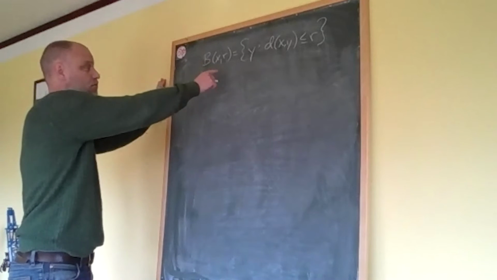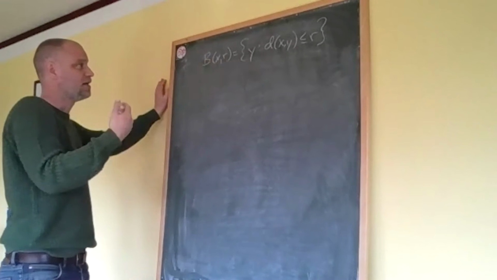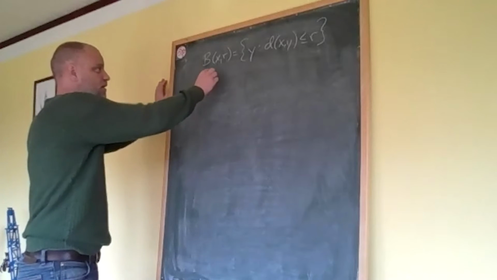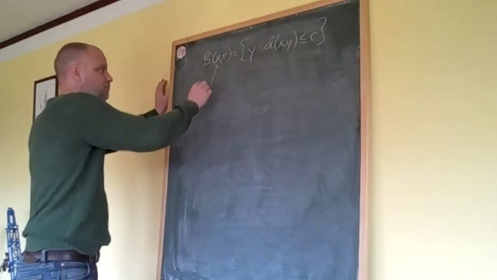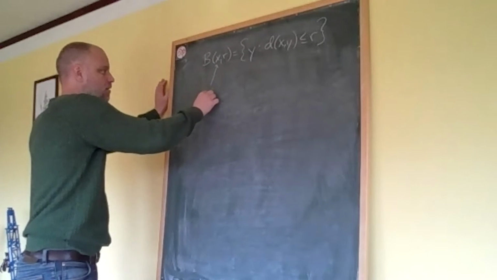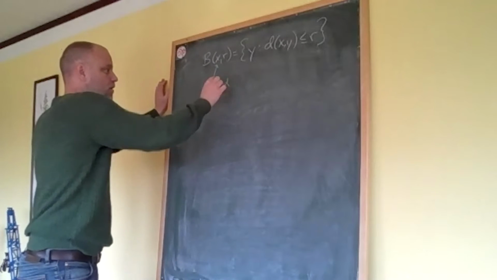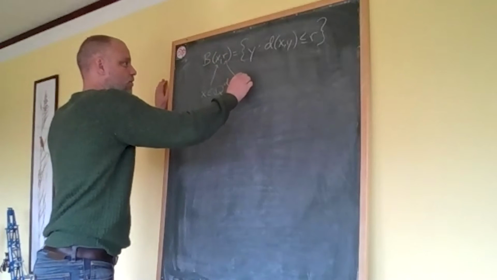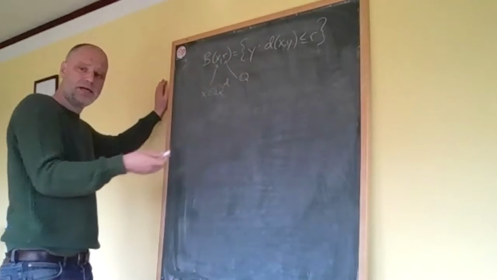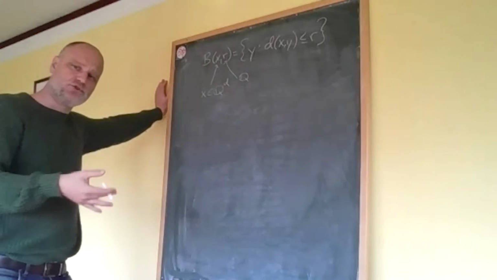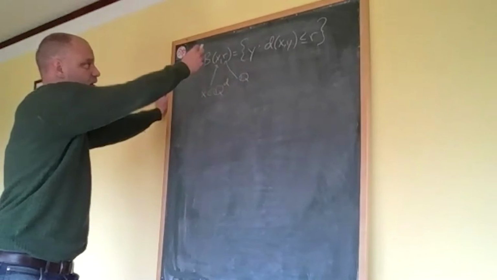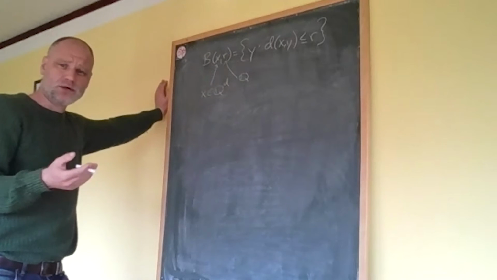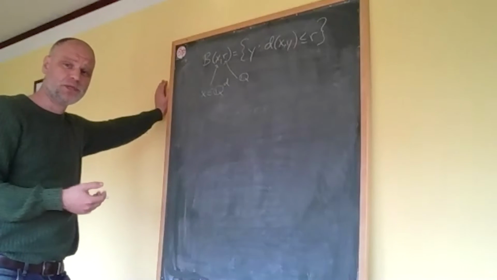In RD, you can take balls with any center and any radius r, but that's uncountable. But you can restrict attention to centers x with rational coordinates and rational radii, and these are enough to generate your topology, and this is then a countable set of balls, right? So our usual topology in RD has a countable basis.